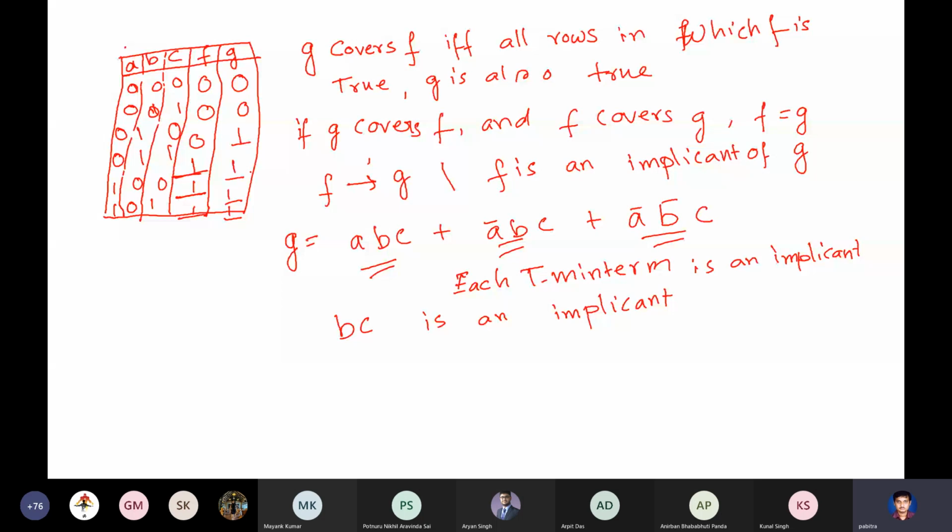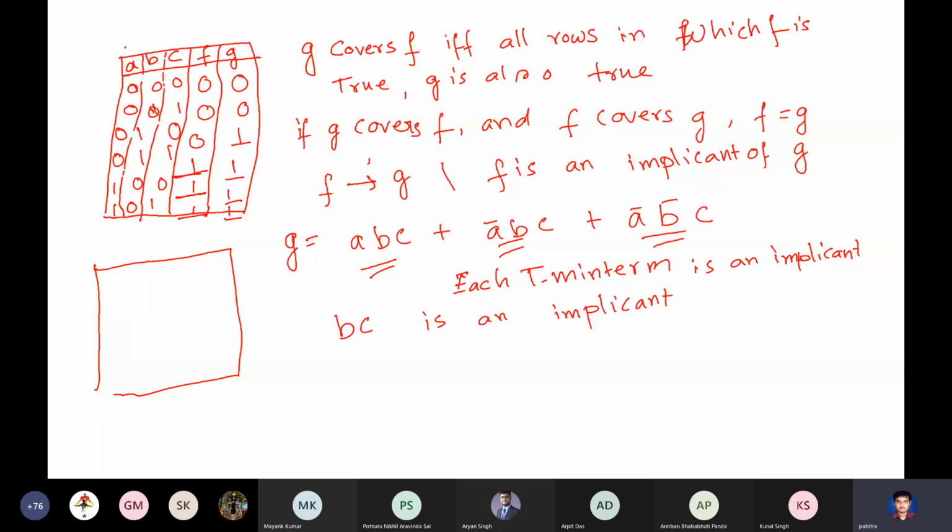So if you look at the truth table, and if you list out all the true min terms, I should have drawn a 3 variable truth table, but anyway, let me draw a 4 variable one itself. All of the min terms are individually implicants.